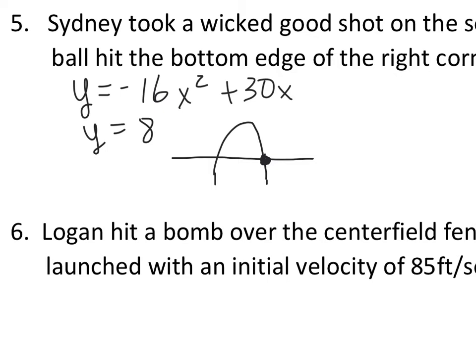How long from the time we kicked it to the time it hit the post was it in the air? And so that will give me this length of time right here in the middle. So I'm looking for this value for x. Now, after I graph that in my calculator and I analyze the graph, I find that that intersection happens when x equals 1.55 seconds.